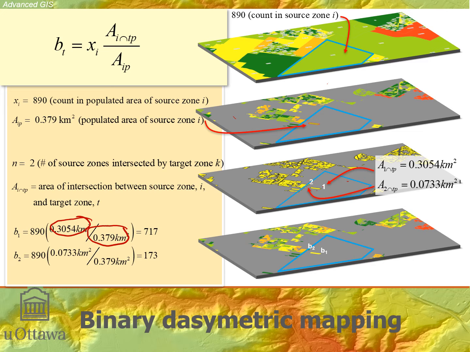And then we multiply that ratio by 890, and that gives us 717 people going into one. And we do the same for the small little 2 up there. That ends up with 173 people. And so that population now has been disaggregated to a much finer spatial scale with more detail.